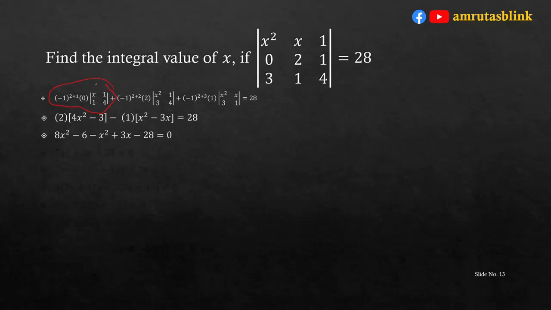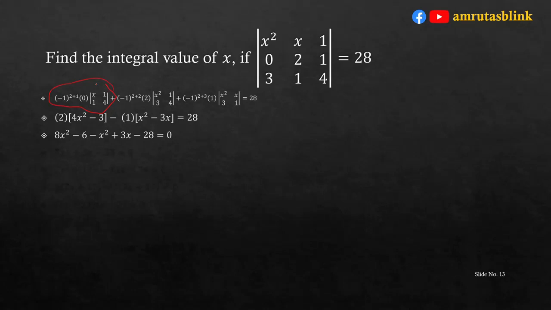Now, we will expand this expression. So, 2 into 4x square is 8x square, 2 into minus 3 is minus 6, minus 1 into x square is minus x square, minus 1 into minus 3x is plus 3x, and we will shift 28 from the right hand side to the left hand side as minus 28 is equal to 0.